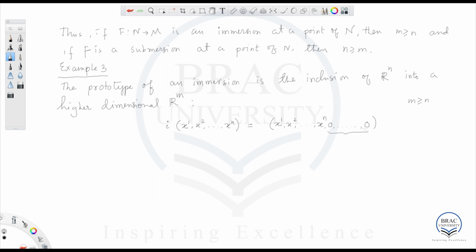So how many zeros are here? m minus n many zeros. So that the whole thing here is an m-tuple.